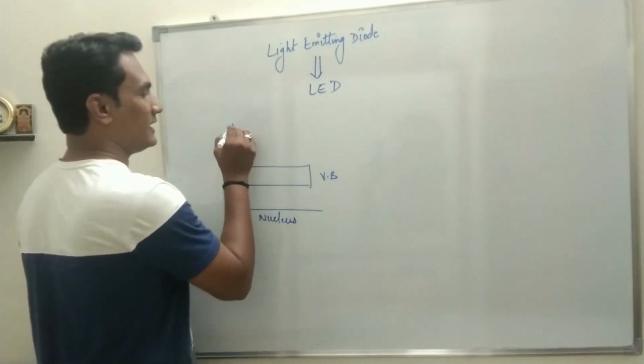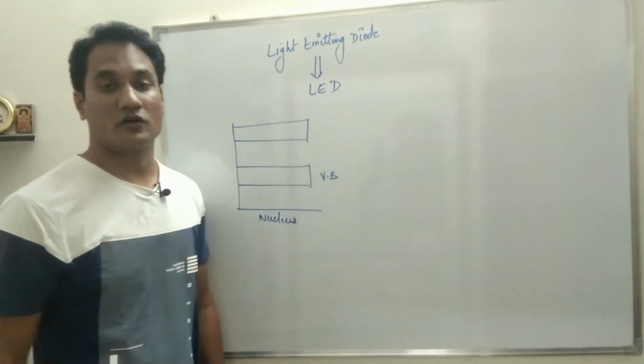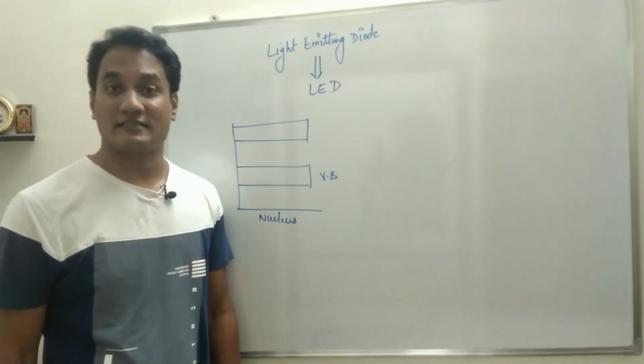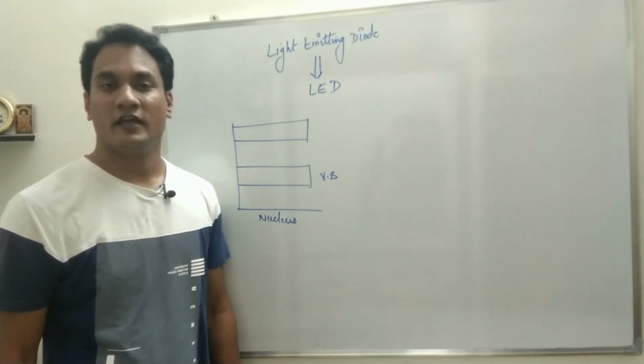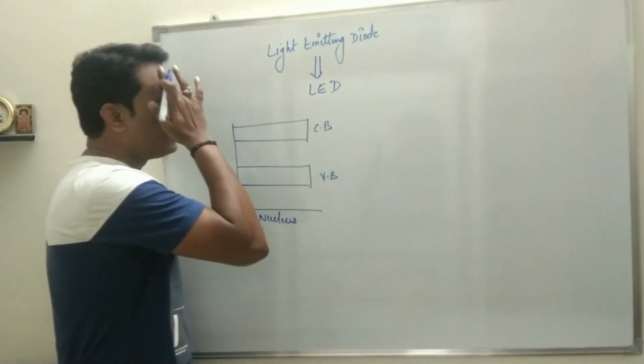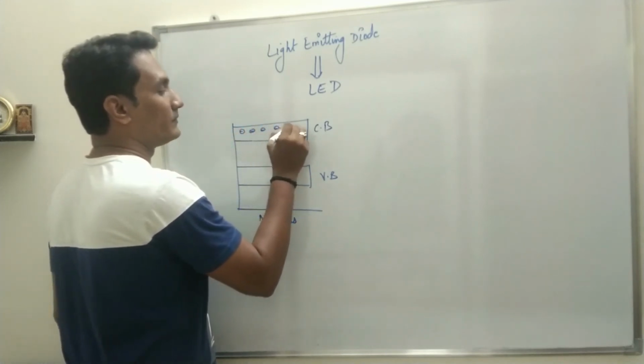This is the valence band and this is the conduction band. We tried to understand the same concept in the energy band diagram, where we classified the materials on the basis of the energy band diagram. The free electrons are of course available in the conduction band.